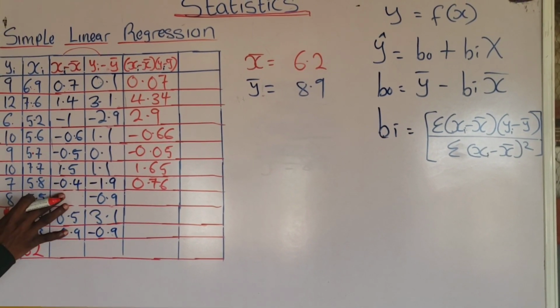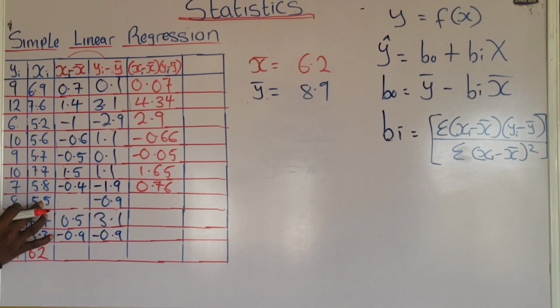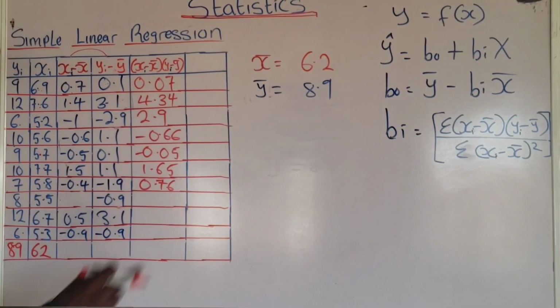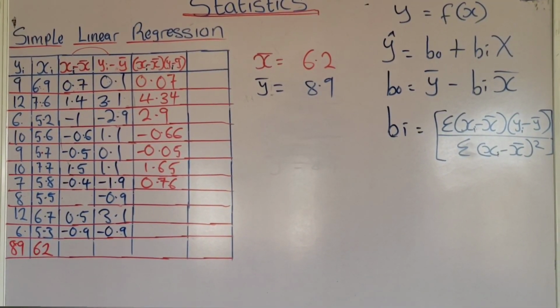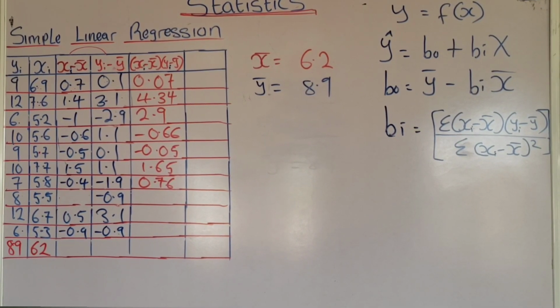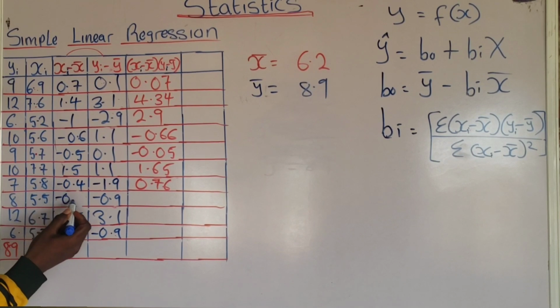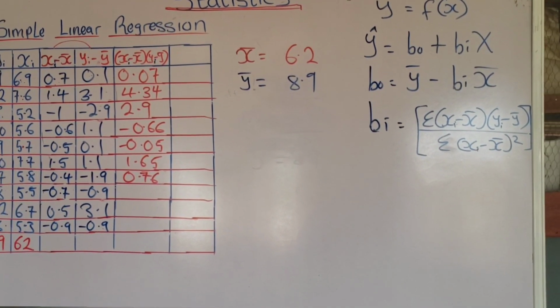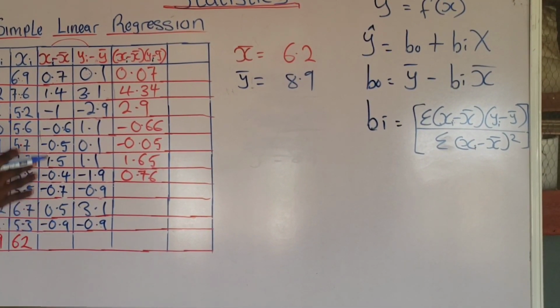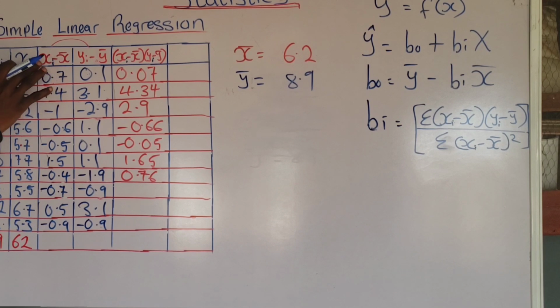The value of these cells will be 5.5, which is the value of x, minus 6.2. 5.5 minus 6.2 will be negative 0.7. So this will be negative 0.7. I'm sorry, I made a mistake while taking the difference between the values of x and the mean value. Now let us proceed. I think we need to be careful now.